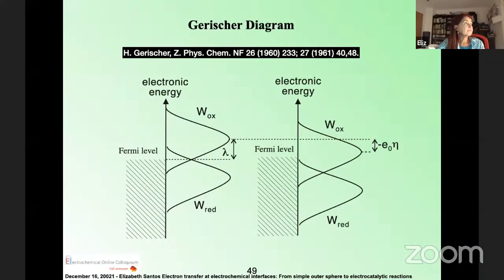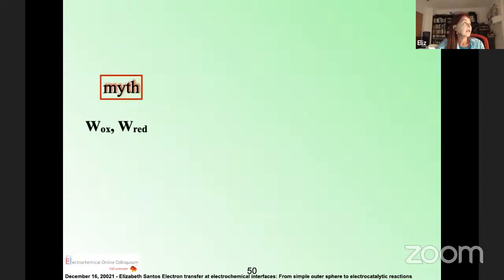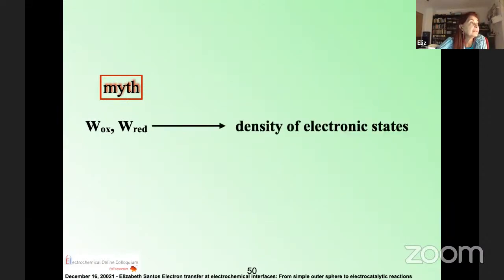And they look like this. Here, these are Gaussians, the distribution of how the electronic level moves. And here I have to say there is another myth that is wrong. In many papers these functions appear and people call them the density of electronic states, but they are not the density of electronic states.